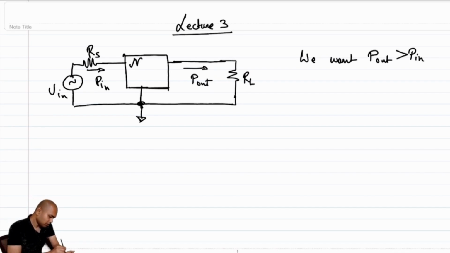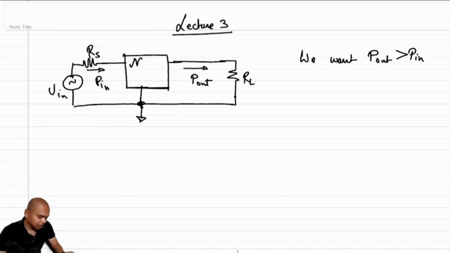So what can we comment? Now clearly, it should be quite evident that this is not possible simply because the law of power conservation must hold, right? We saw the example of a transformer in the first lecture, where we saw that a transformer can give us voltage amplification, but it cannot give us power amplification.